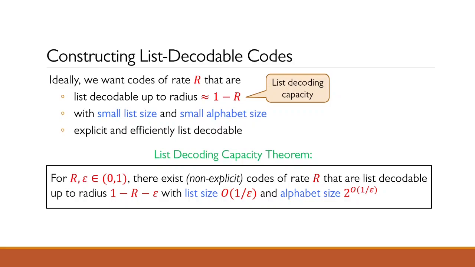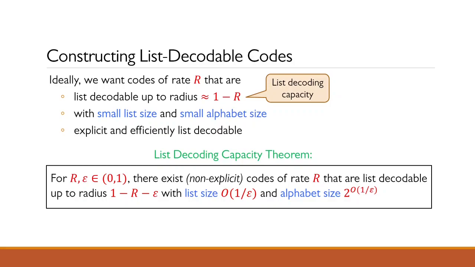It states that for any R and epsilon between 0 and 1, there exist non-explicit codes of rate R that are list decodable up to radius 1 minus R minus epsilon, with list size O(1/epsilon) and alphabet size 2 to the O(1/epsilon). So these codes achieve the list decoding capacity, and we say they are capacity achieving codes. And the list size and the alphabet size depend only on the parameter epsilon. So if epsilon is a constant, then the list size and the alphabet size are both constants.